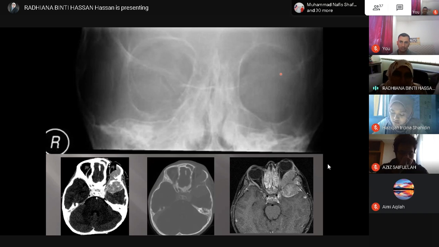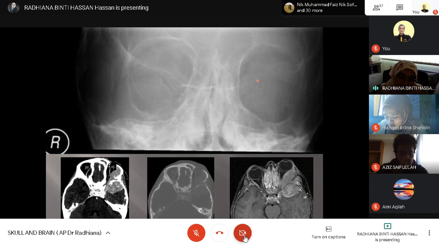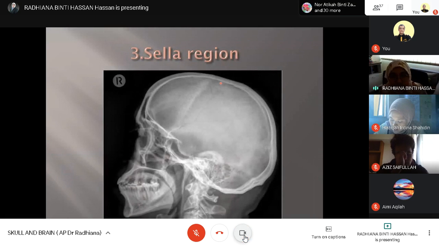So the finding is very, very subtle. If we do not compare, sometimes we can miss. But this one, why? Because there is actually already a lytic lesion involving the sphenoid bone here because of a very big tumor. So that's how you compare the two sides.